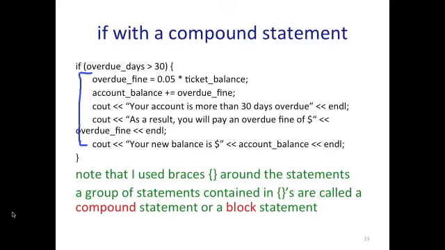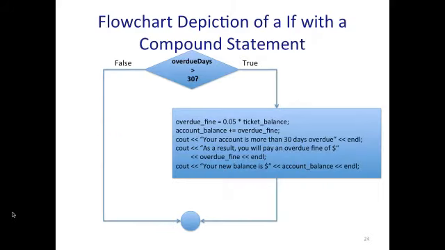So here, we're calculating the balance due on a ticket and saying if the number of overdue days is greater than 30, there's a 5% fine tacked on. So that's what's happening. You should be able to read through this code and figure out that it's adding a 5% fine. And again, this is just the flowchart depiction of that compound statement.